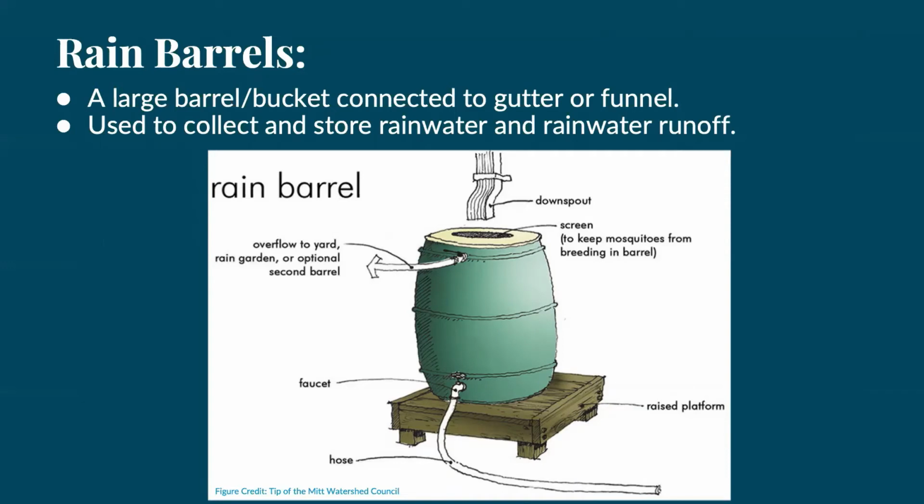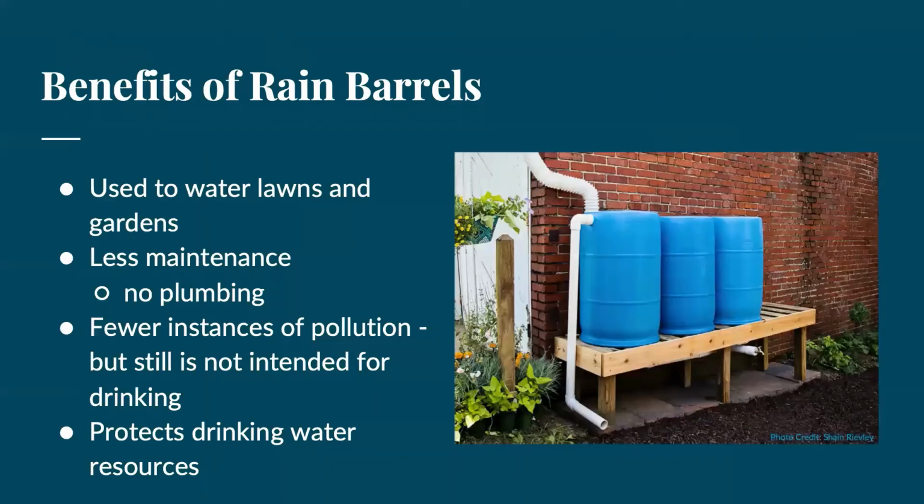And you have a little overflow spout near the top, which can just spill out over the edge, or if you wanted, you could have a second or a third barrel, a little faucet near the bottom here with a hose, so that you can hook that up and spray your garden with some clean water, and a little raised platform as well. So a beautiful way to make use of the water that's already falling. So there are some examples here in this picture as well.